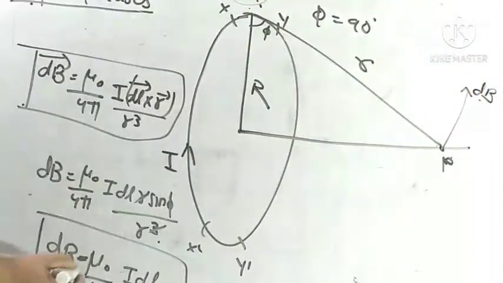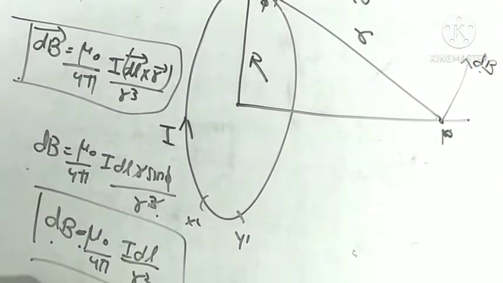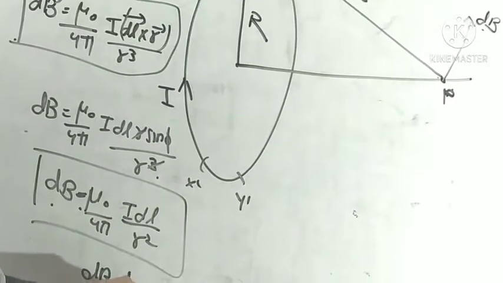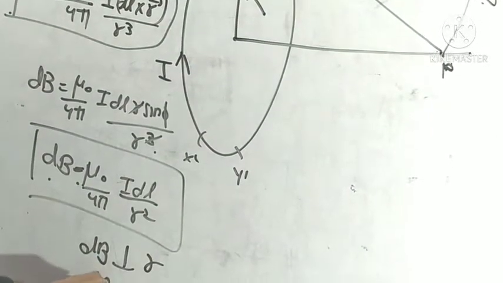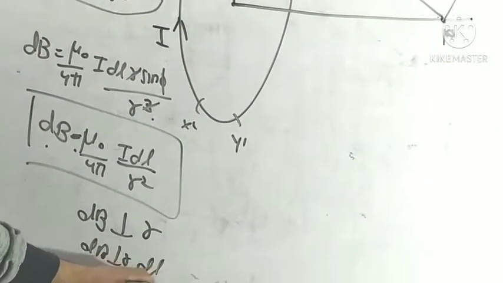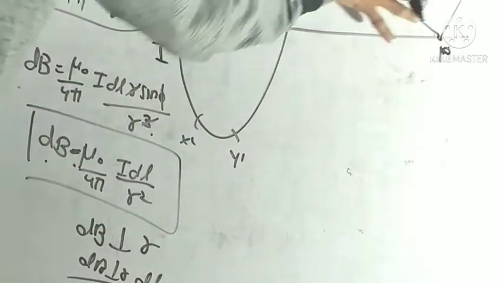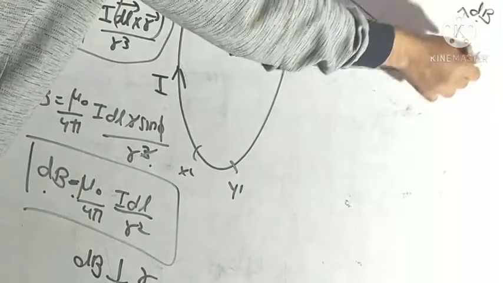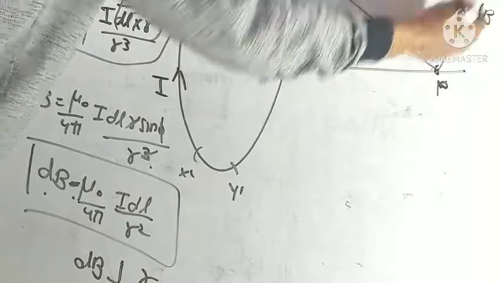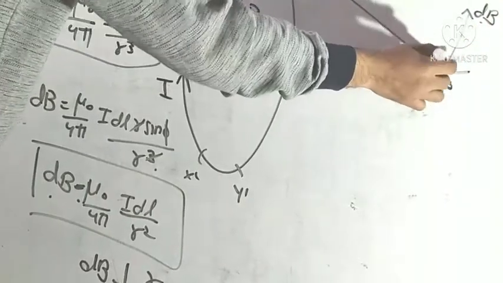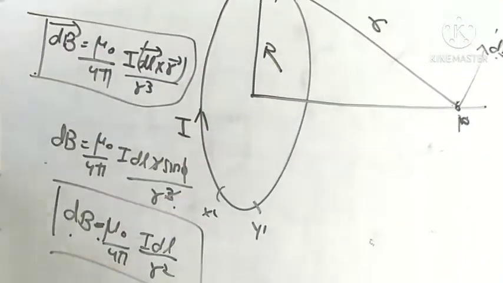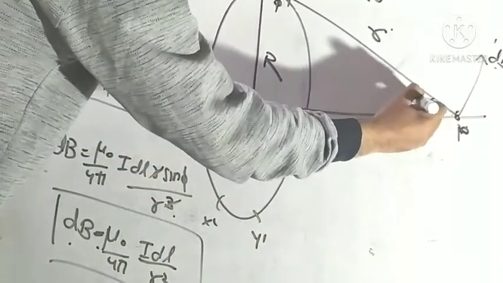This magnetic field is always perpendicular to r and always perpendicular to dl, so its direction at point P is along this direction. The distance of point P from this small element is r, making an angle theta with the axis.